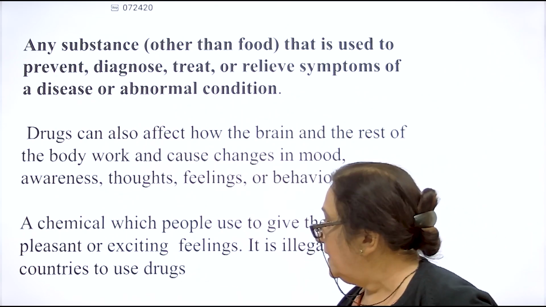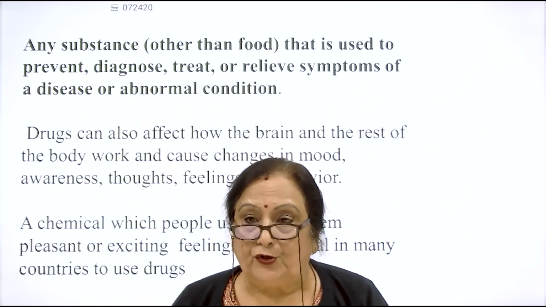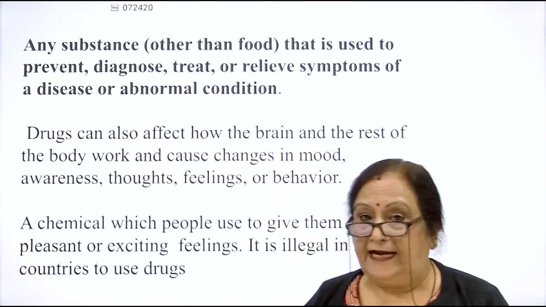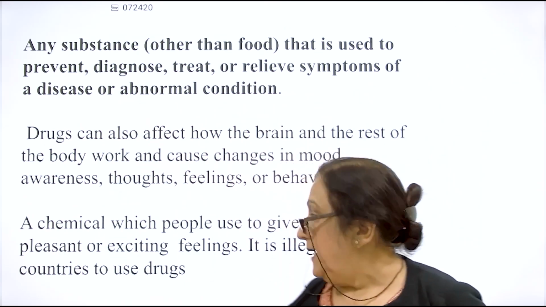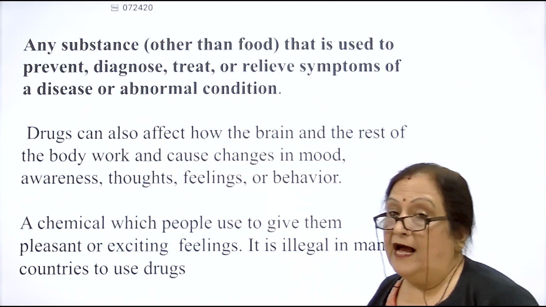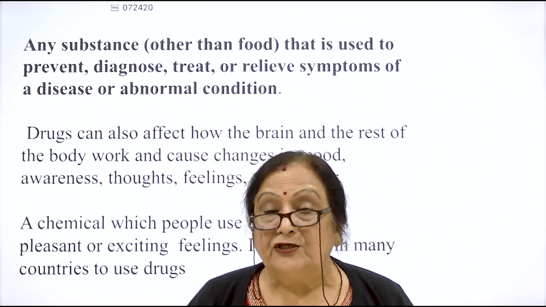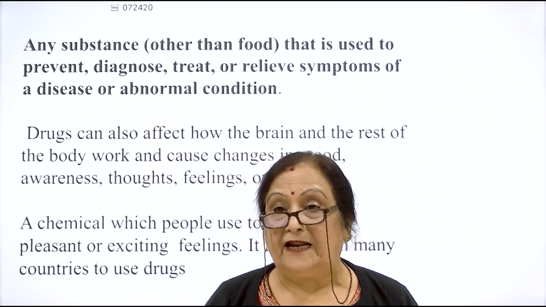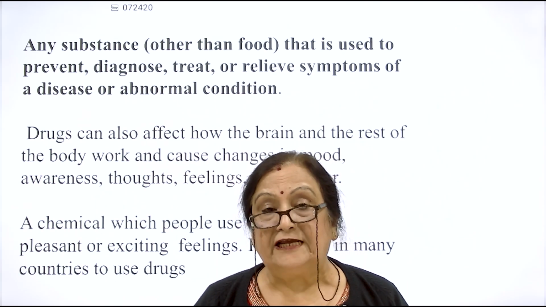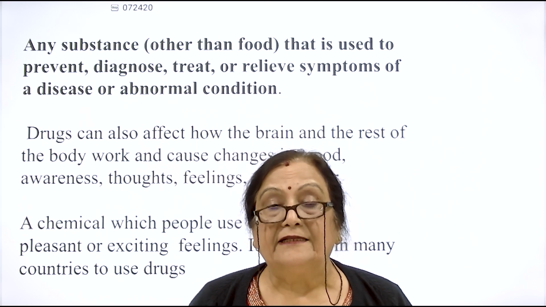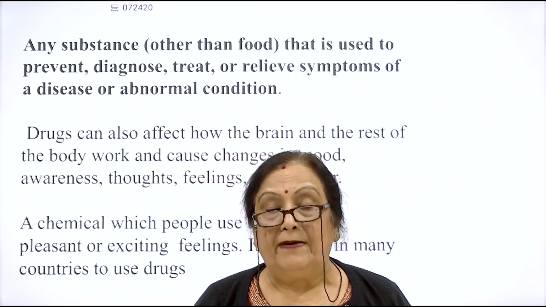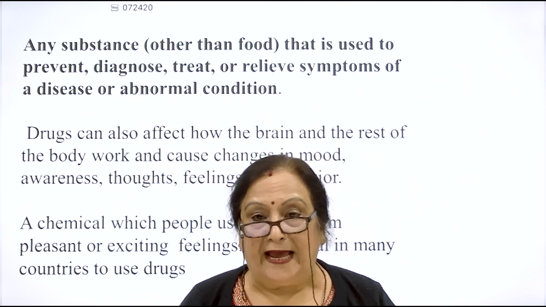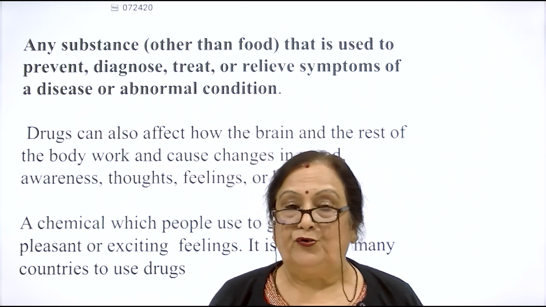So a chemical which people use to give them pleasant or exciting feeling, it is illegal. अगर कोई भी दवाई हम ऐसा लें जो हमारे ब्रेन को, हमारी ब्रेन की एक्टिविटी को सप्रेस करे, that is illegal, because by taking the compound we will become addict of that compound, which is banned in many countries to use the drug.